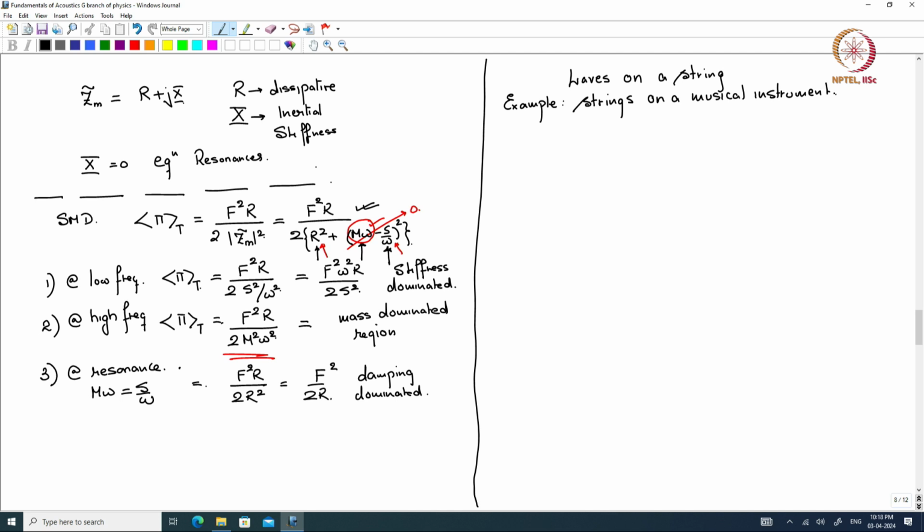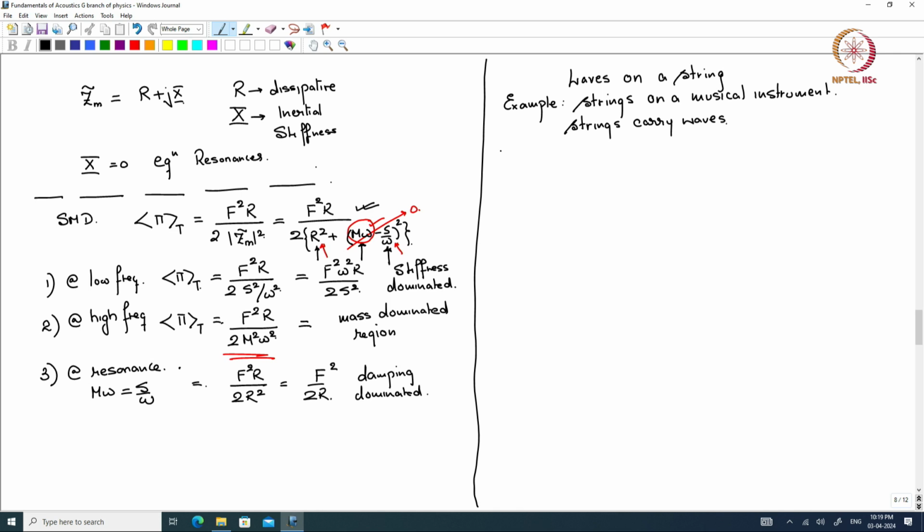When a musical instrument with strings is plucked, the strings carry vibrations or waves. And we are going to derive a model for that.